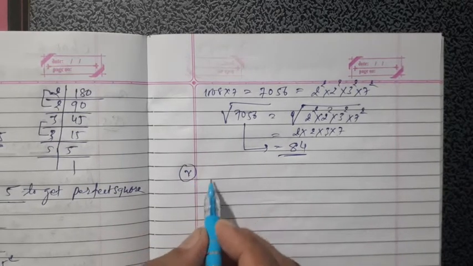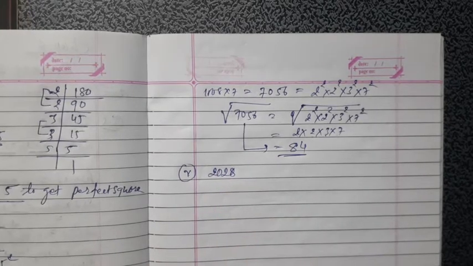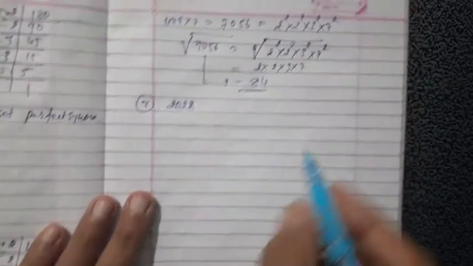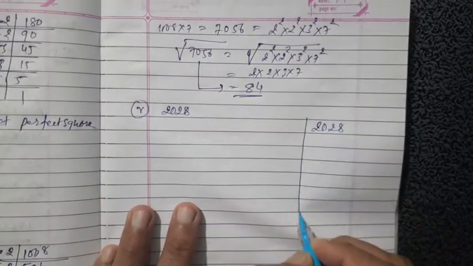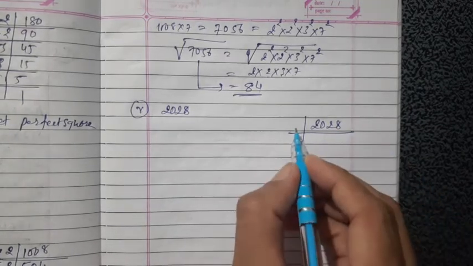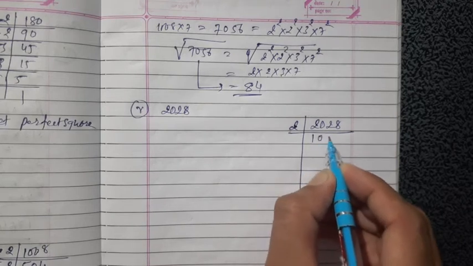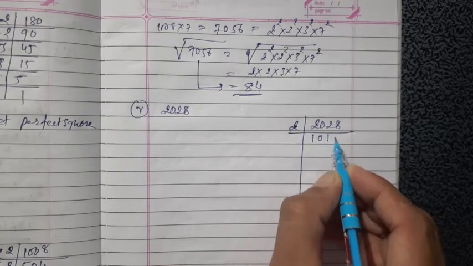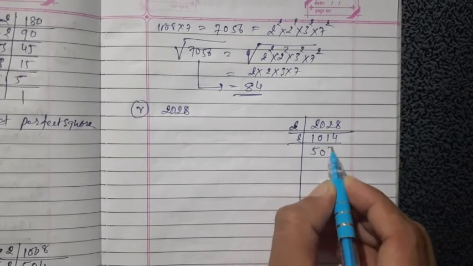Fourth number is 2028. Okay, so first we factorize that number, 2028. Now look, last digit is 8, an even number, so that is divisible by 2. 2 into 1014, again 2 into 507.